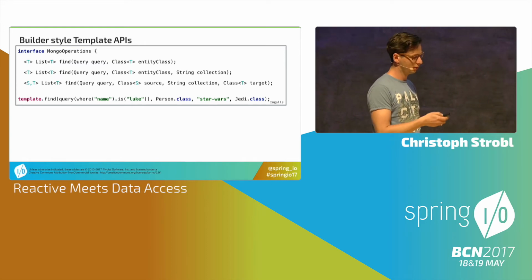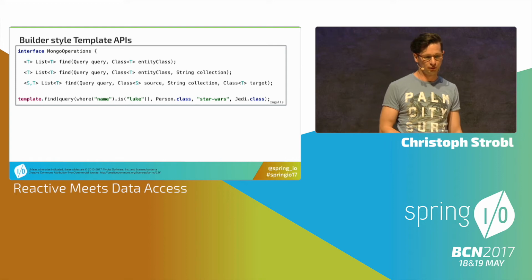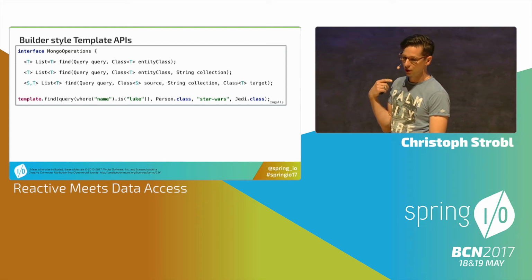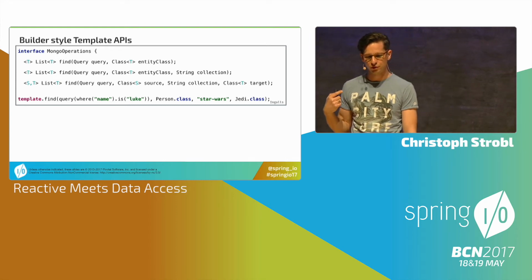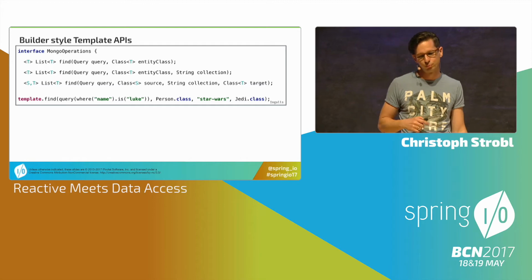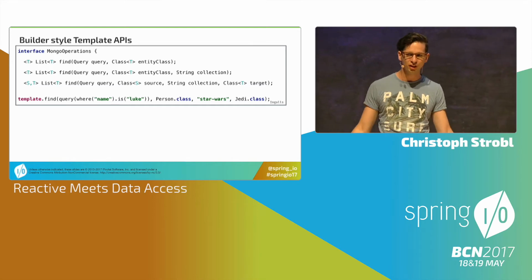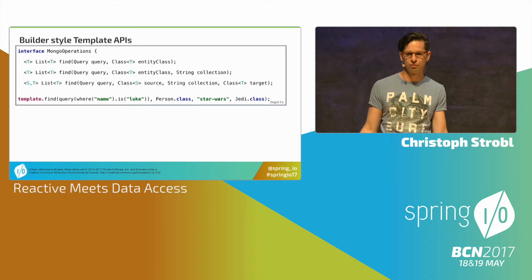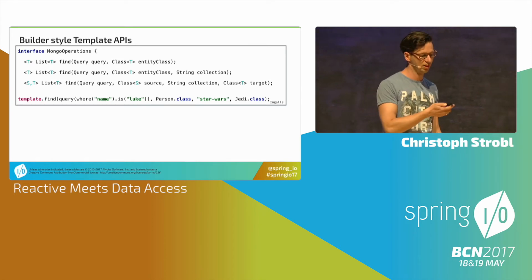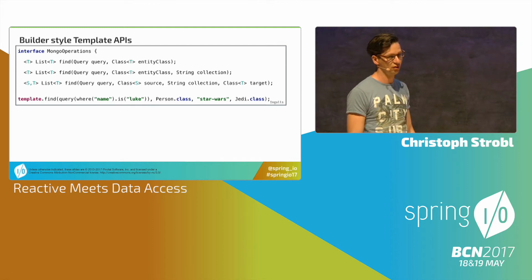And if you are then basically writing your find method, template.find, you can imagine what the query part is. But as soon as you're on the person, so does the person mean actually? You could imagine that Star Wars would be the collection, but what has Jedi to do with it? I mean, unless you're using IntelliJ with all those parameter name hints, then you can easily get lost in there.